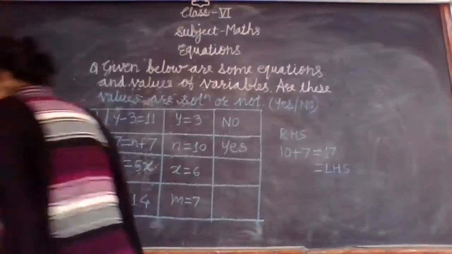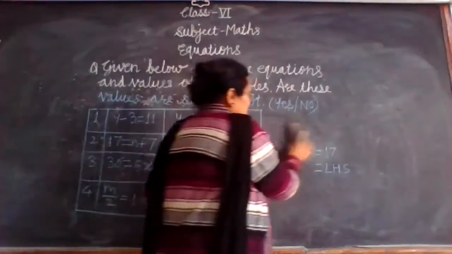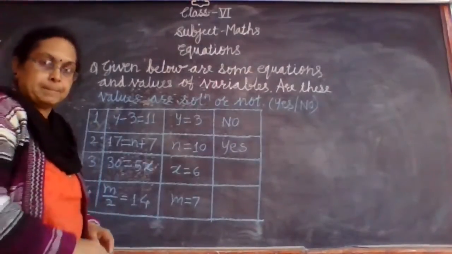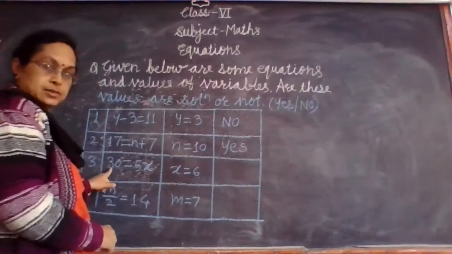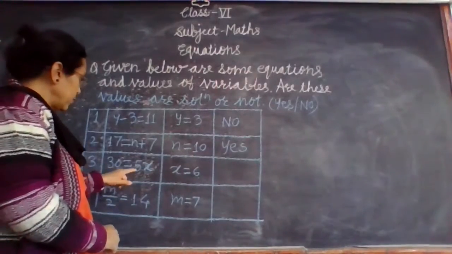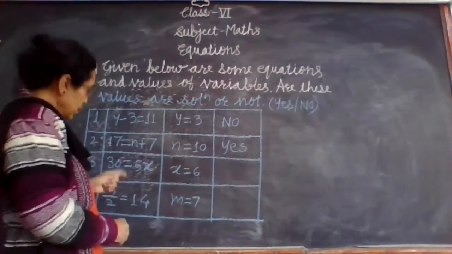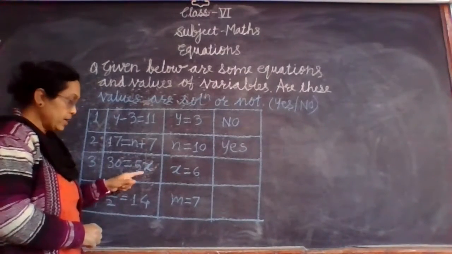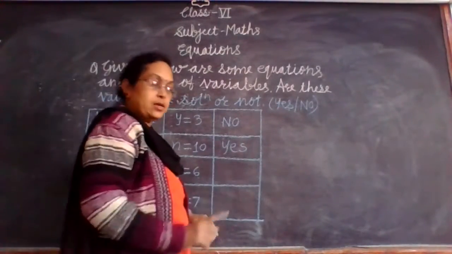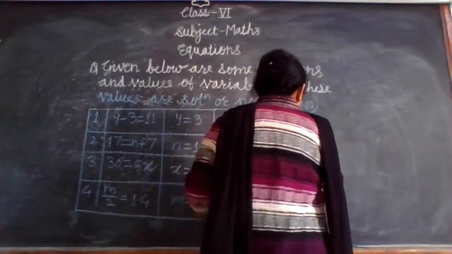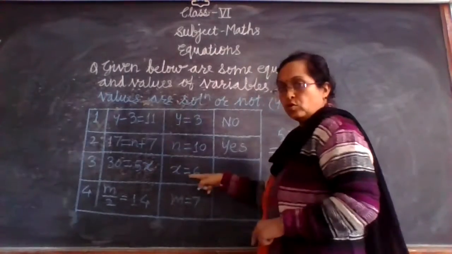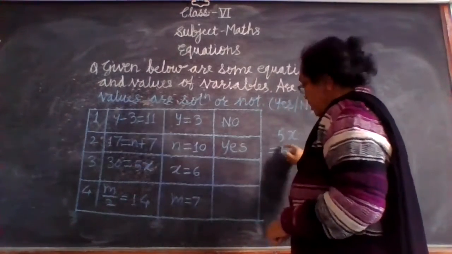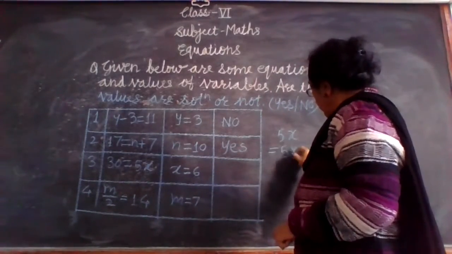Now we will try the third one. The third equation is 30 equal to 5x. Here 30 is on the left hand side and 5x on the right hand side. Where x is the variable, you can put the given value, that is x equal to 6. 5x means 5 is multiplied with x.